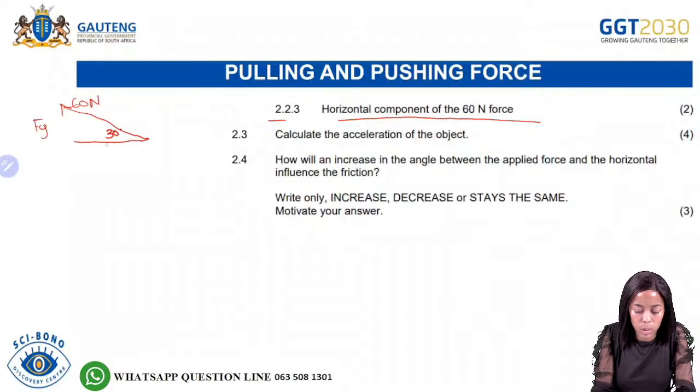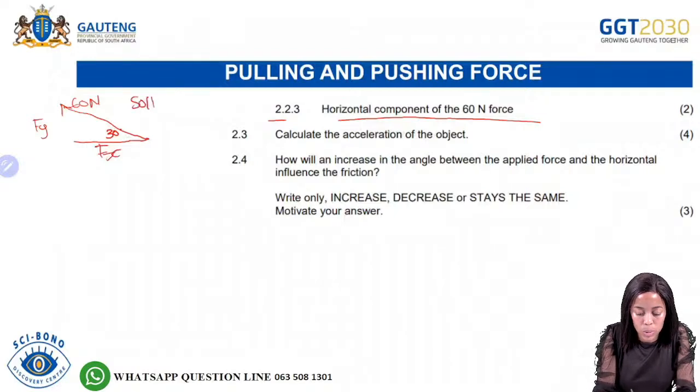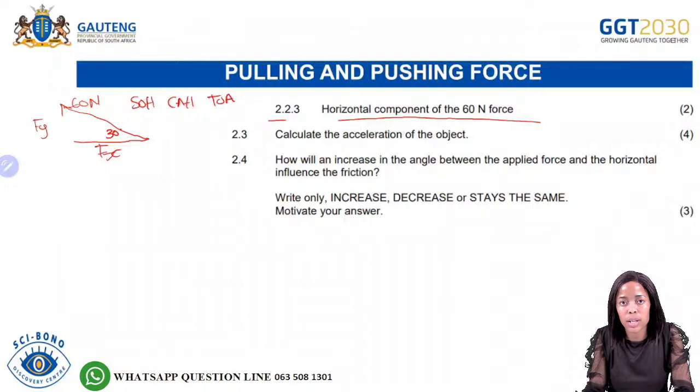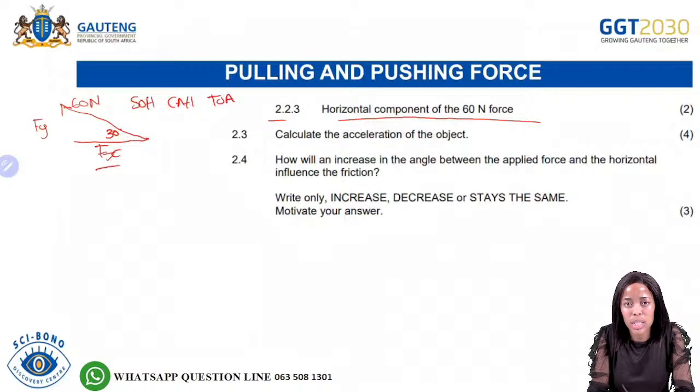The horizontal component. So we know that if we are asked to calculate the horizontal component, then we need to calculate the x-axis. So how are we going to do that? Again, we can use SOHCAHTOA. So for the horizontal component, it is represented by Fx.